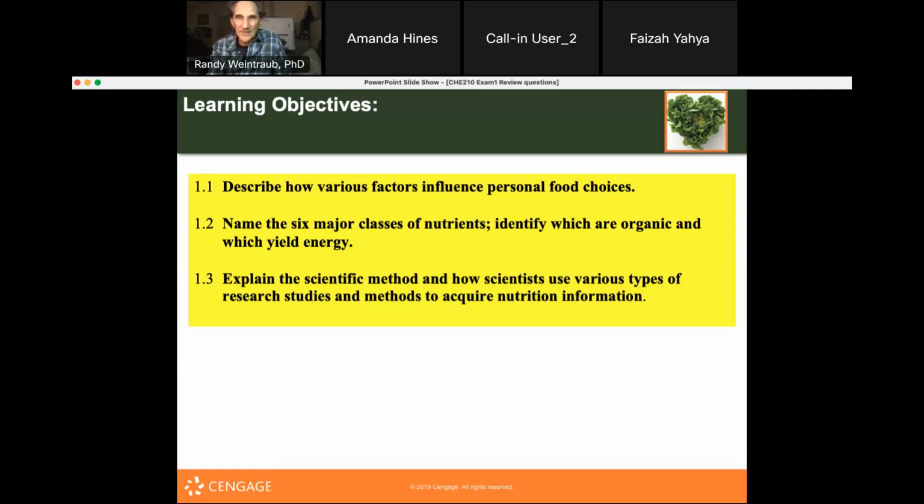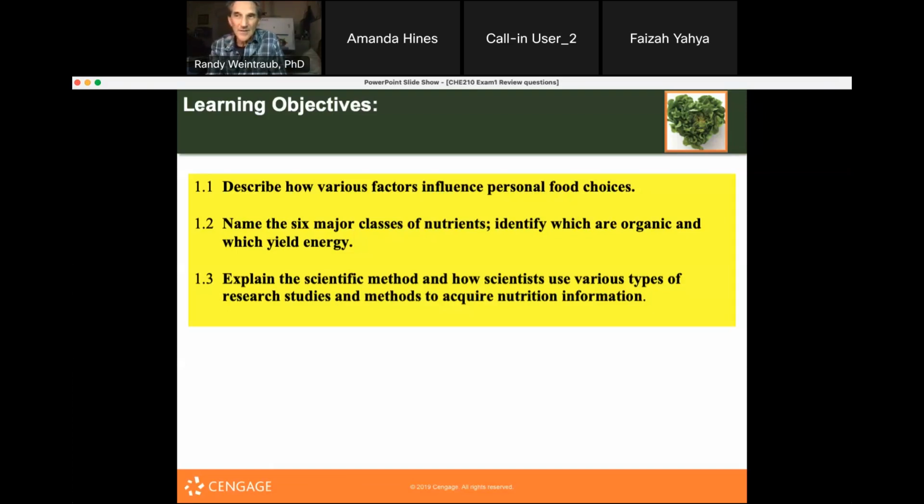Six major classes of nutrients. Well, we mentioned a bunch of them already. Those classes, we'll see coming up, but the macronutrients, vitamins and water, we'll see in the next couple of slides.